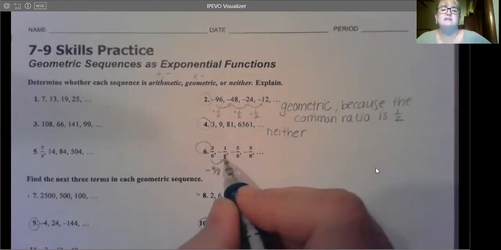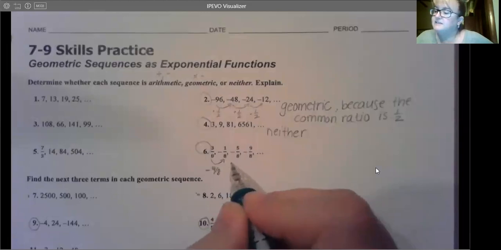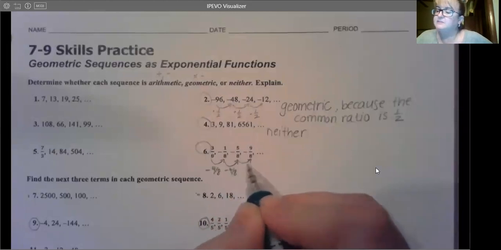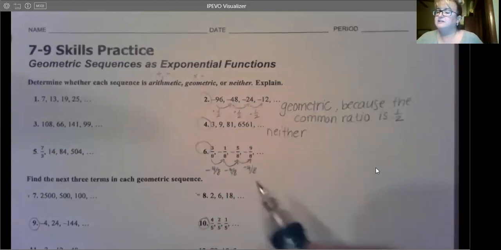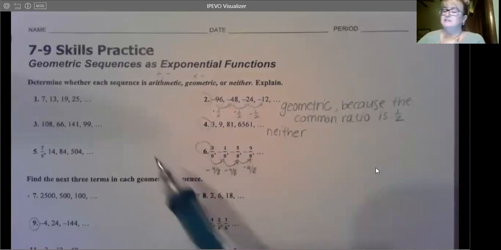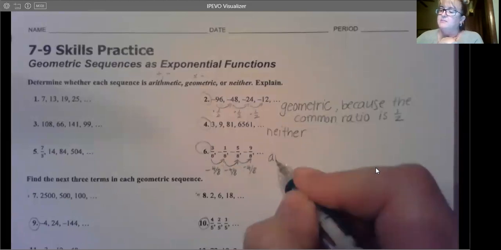And -1/8 to -5/8, again, we're going back 4/8. And then -5/8 to -9/8, back 4/8. All right, so we are not multiplying or dividing, but we are subtracting 4/8 each time. So it is arithmetic.